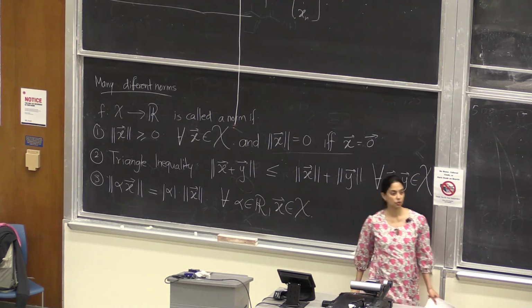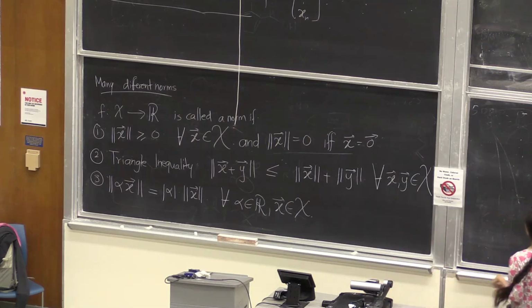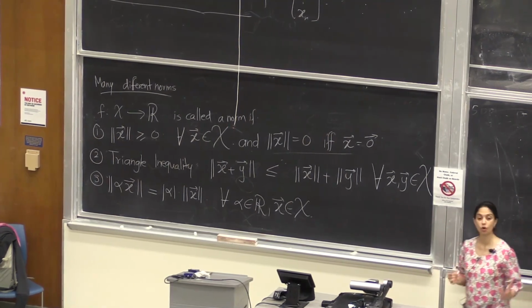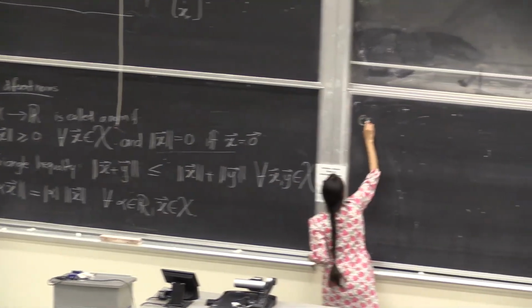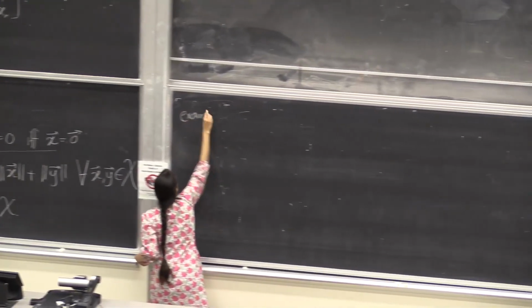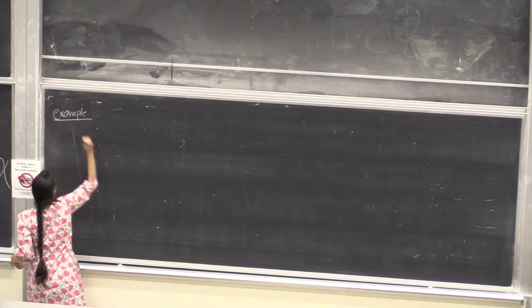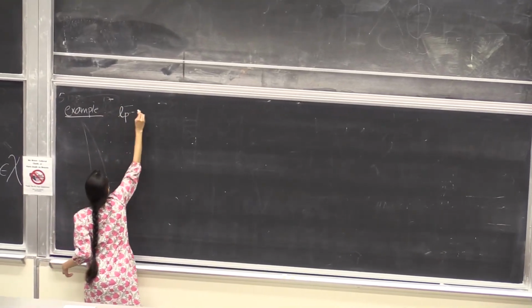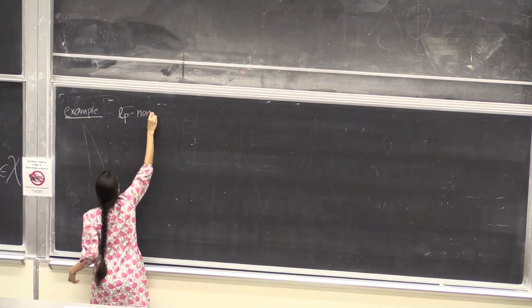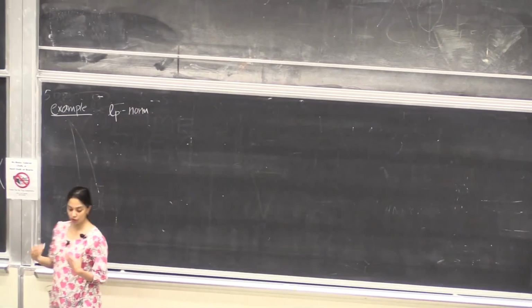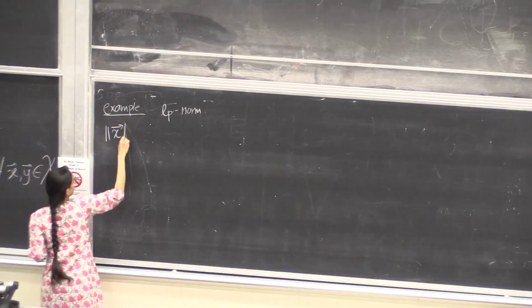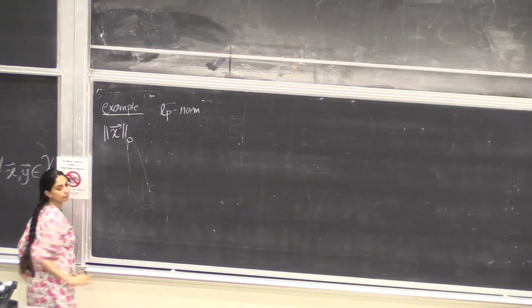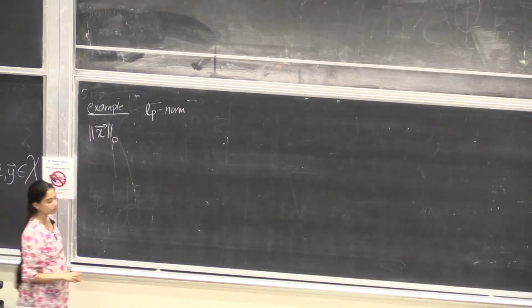Okay? Good. So now let me give you an example of a norm that is not the 2 norm. The LP norm. And this is basically a generalization of the 2 norm, where instead of writing 2 there, I'm going to write a P. Okay?